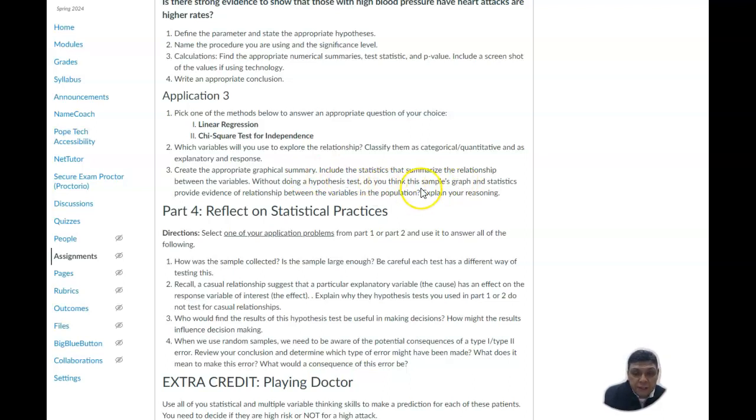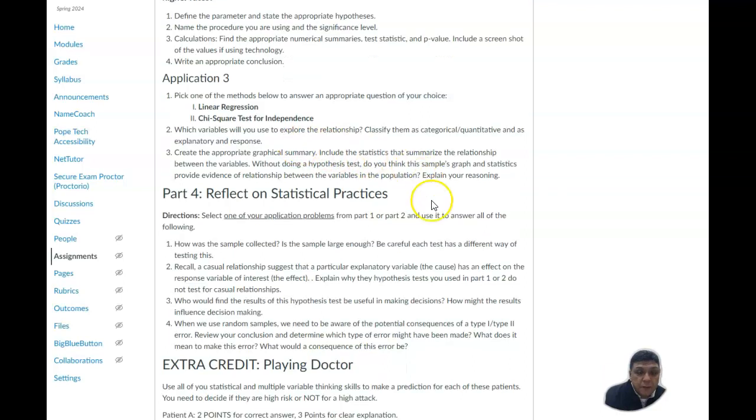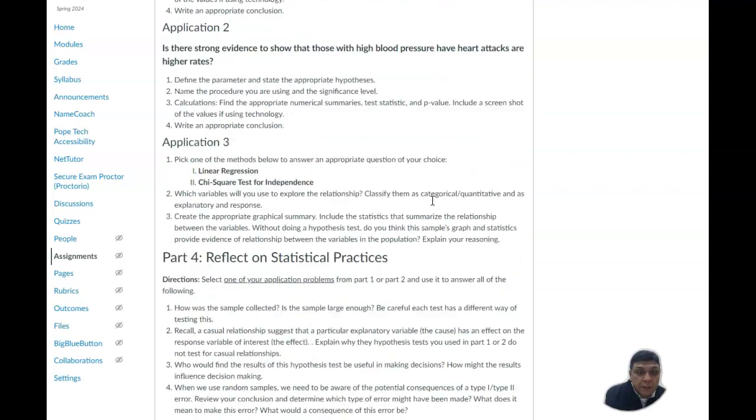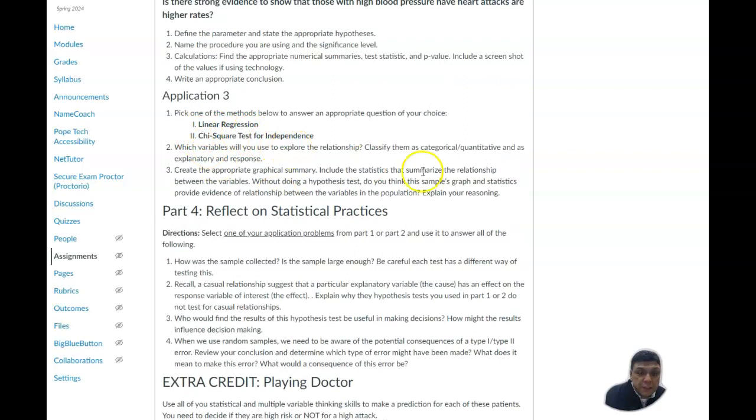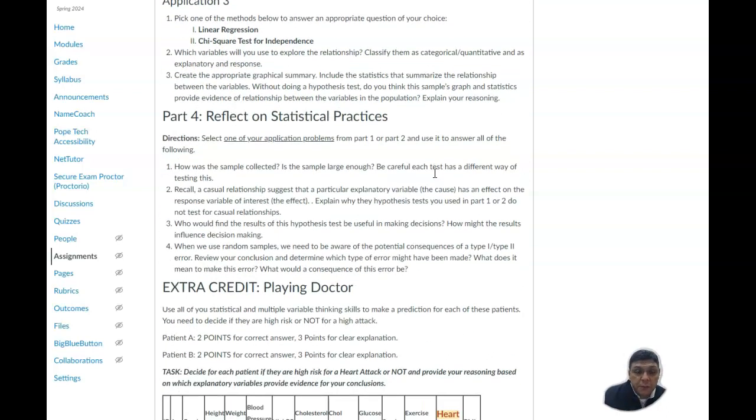You're just going to use the graphical representations or the statistics that you calculate to answer the relationship between the variables that you're choosing. So that's important. Okay, choose one of those and the variables and what relationship or question you are exploring.